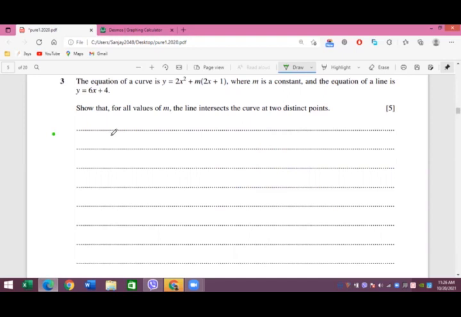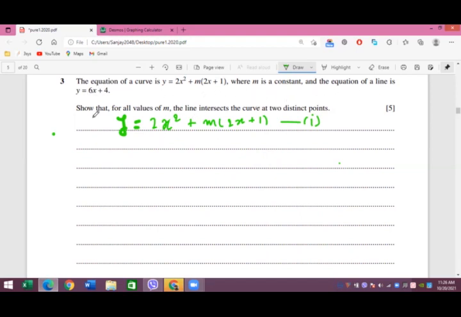So first of all, you can see that one equation is given as y equals 2x squared plus m times 2x plus 1, and you can call this equation 1, where m is a constant.